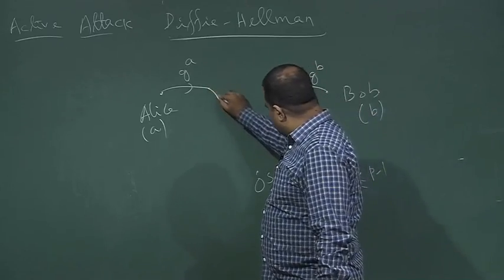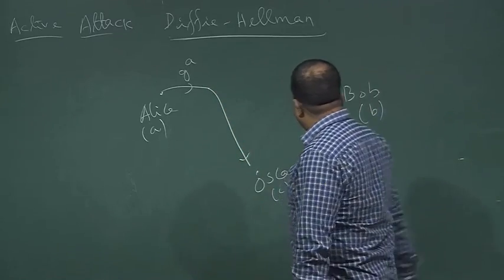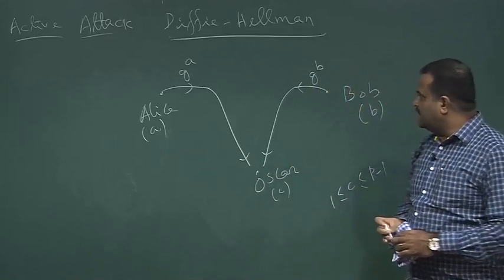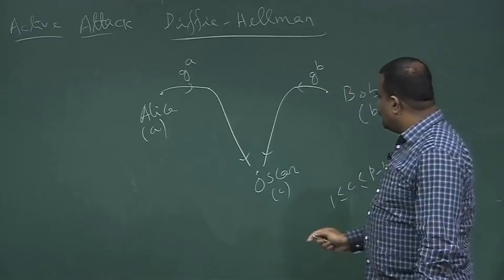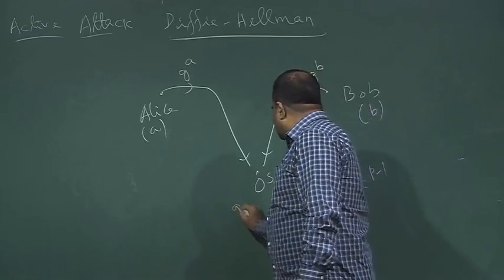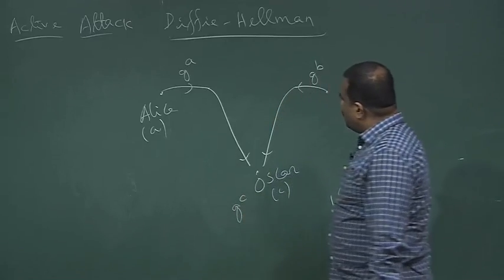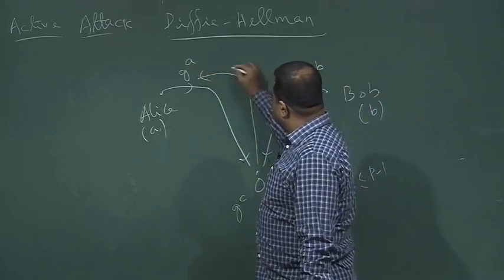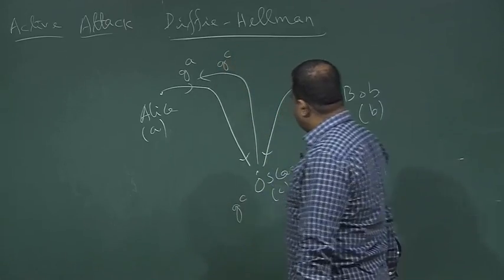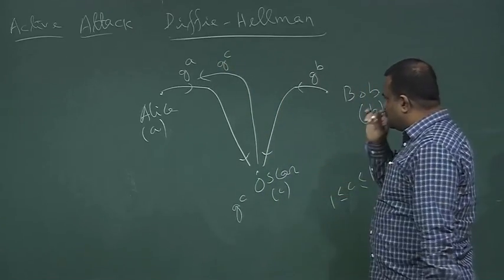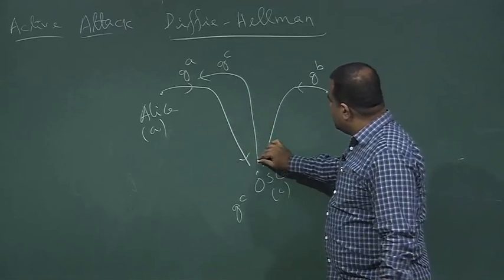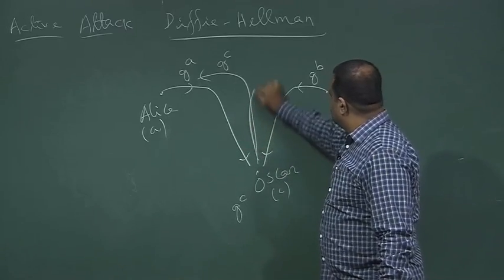Oscar will take these values, and then compute G to the power C and send G to the power C over the public channel, to Alice and to Bob also.